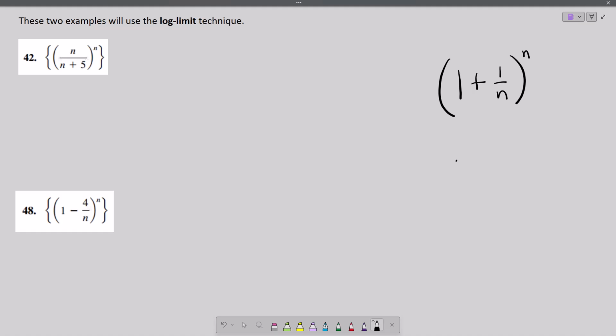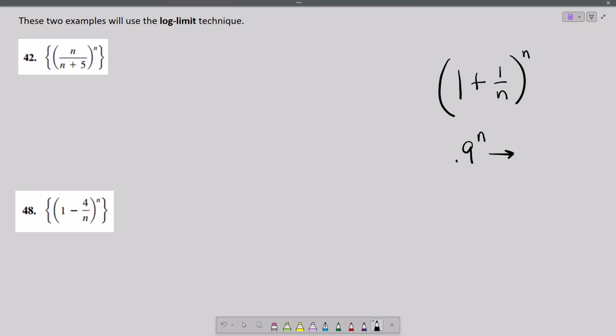If you take a number less than 1 and you let n go to infinity, what does that limit equal? So you take a number less than 1 and you multiply it by itself forever. What's that limit going to be? 0.